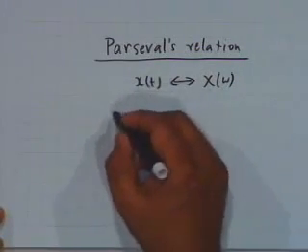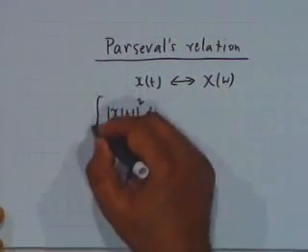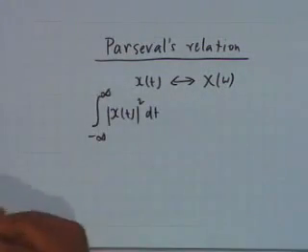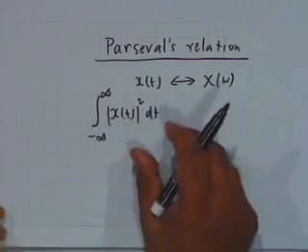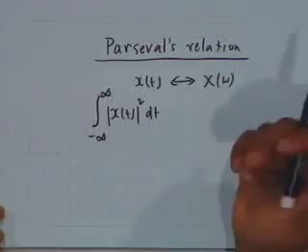And energy, as you know, is given by the integral from minus infinity to infinity of |x(t)| squared dt. Alright, this is the energy in the signal in the time domain. x(t) could be a voltage or a current in, let's say, a 1 ohm resistance.